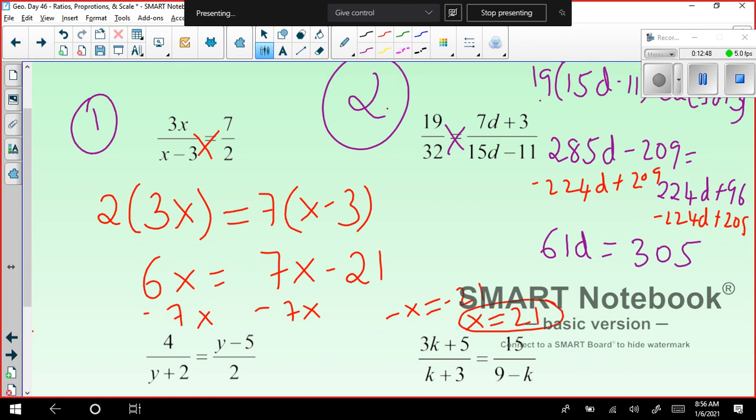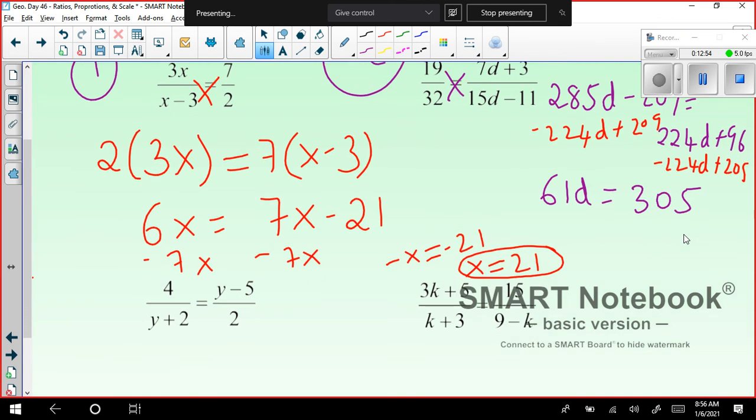Dividing by 61 on both sides, I get d equals 5, which the majority of you had, and that's right.